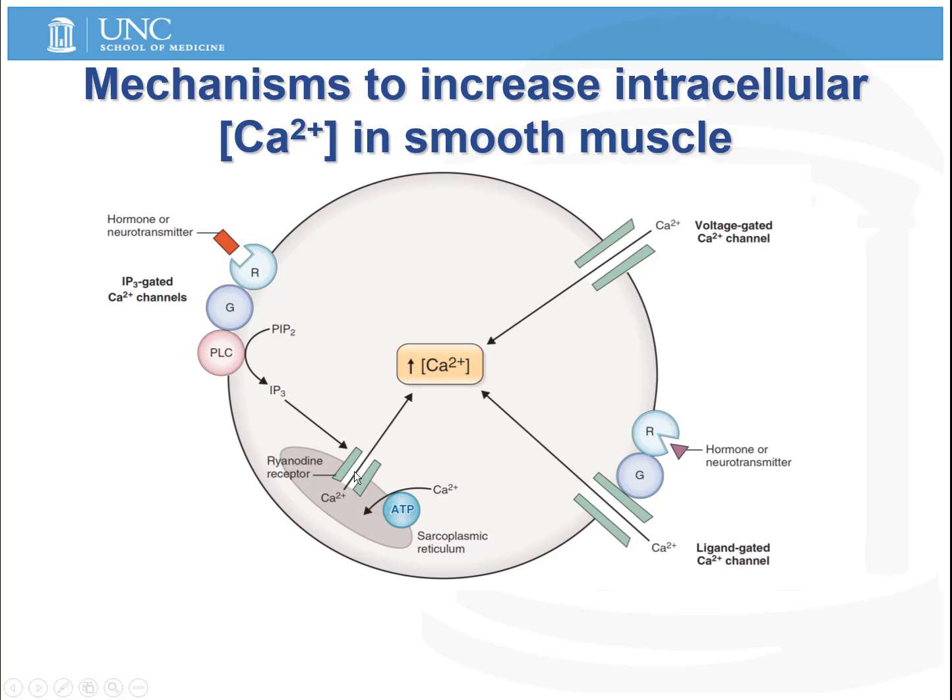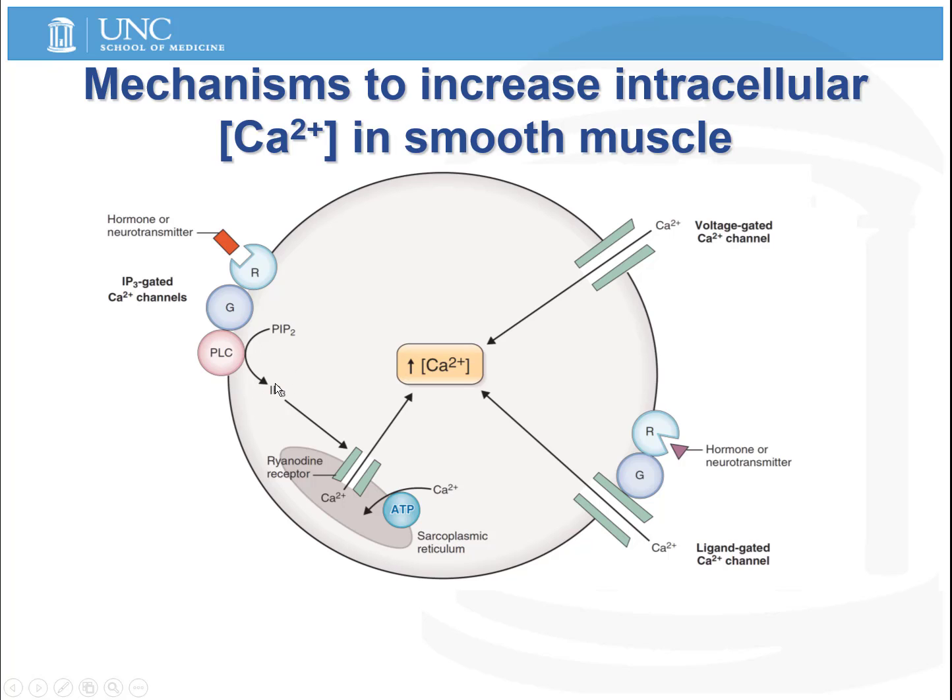To activate this calcium release from the sarcoplasmic reticulum, it happens here on the plasma membrane of the smooth muscle cell. Hormones and neurotransmitters act with their specific receptors, and these receptors are coupled by a G protein to phospholipase C. That phospholipase C hydrolyzes this phosphatidylinositol 4,5-diphosphate, or PIP2, to IP3 plus diacylglycerol.